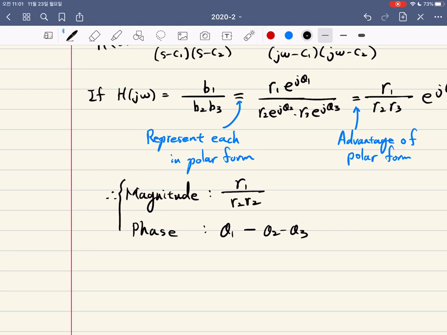So you can easily obtain magnitude and phase by using this polar form.